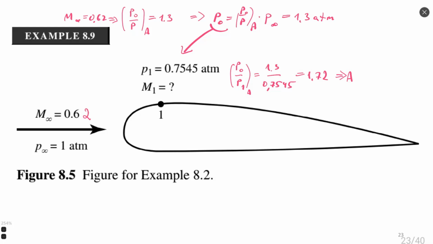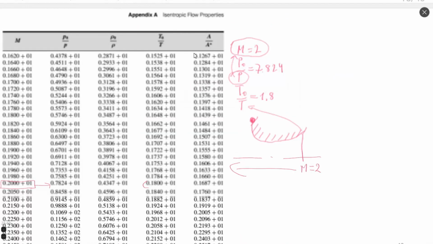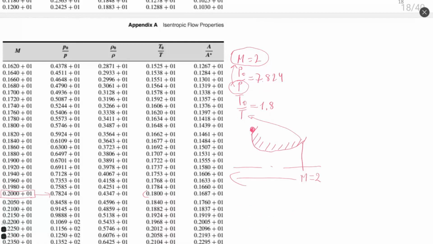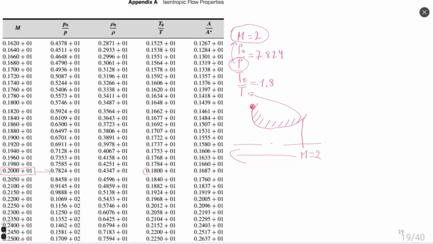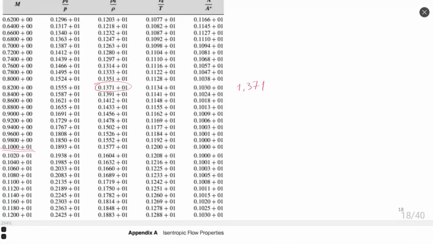We go back here, and we will try to find this pressure ratio. Probably it will be here, 1.73, this value right here.